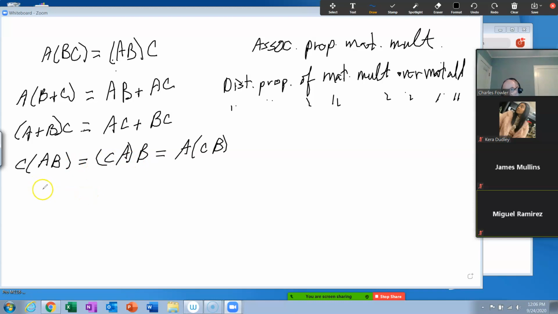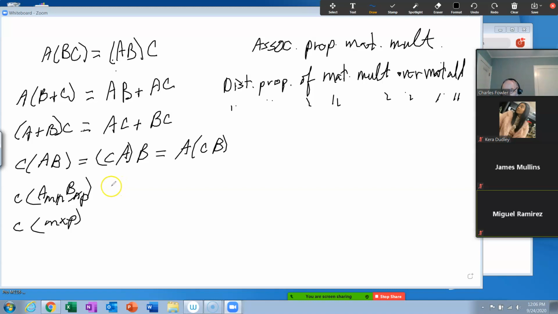All right. Well, of course, if A was an M by N, then B would have to be an N by something. So let's just call it P. And C, of course, is just a scalar. Well, this product is going to be, because these two are the same, an M by P, and you multiply that by a constant C, you still get an M by P, okay? It's just you multiply every element by that. Well, this is going to be the same thing too.